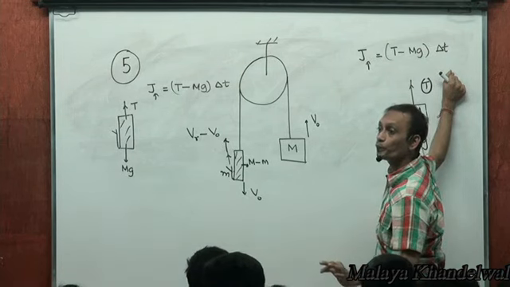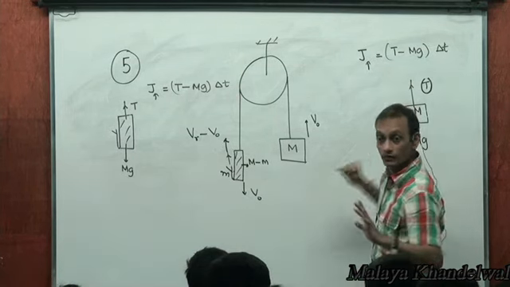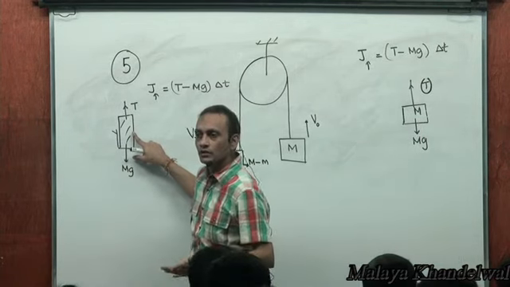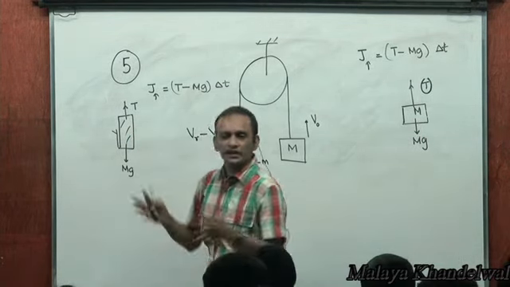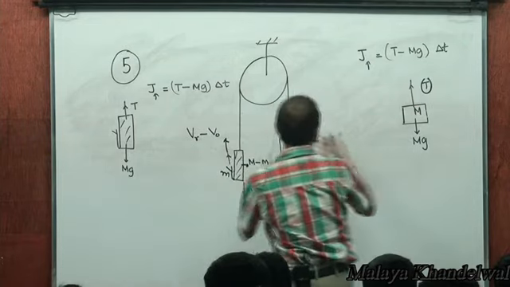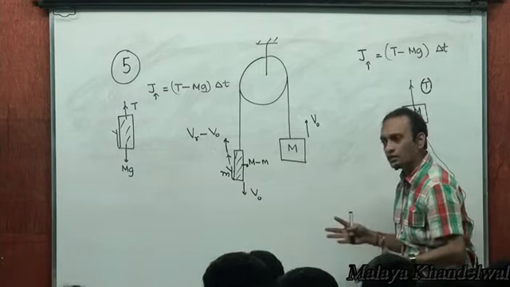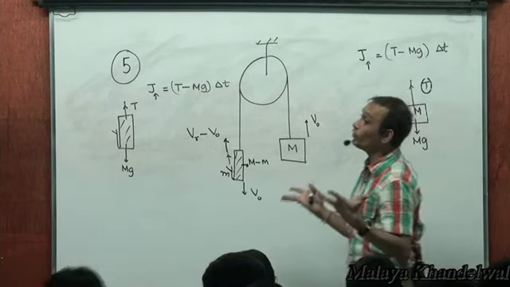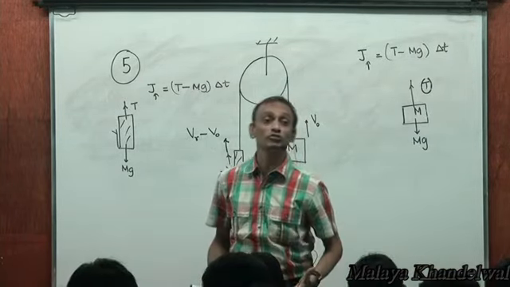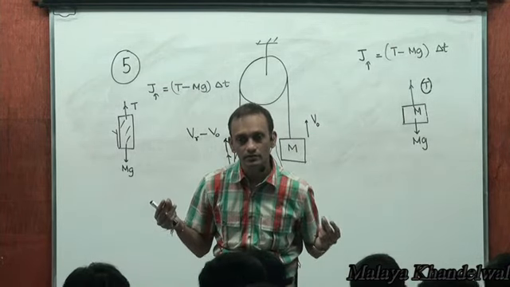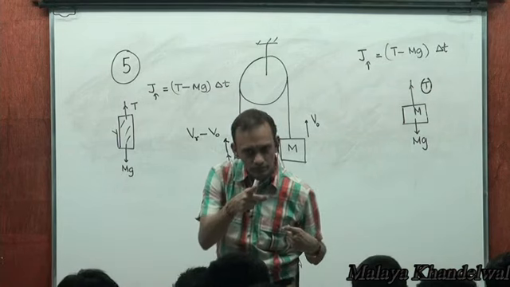Yes or no? Because what brings about a change in linear momentum of this? T minus mg acting for delta t. What brings about a change in linear momentum of this? T minus mg into delta t. And T and mg are the same. Therefore, they're talking about the same change of linear momentum on both sides. Yes or no?